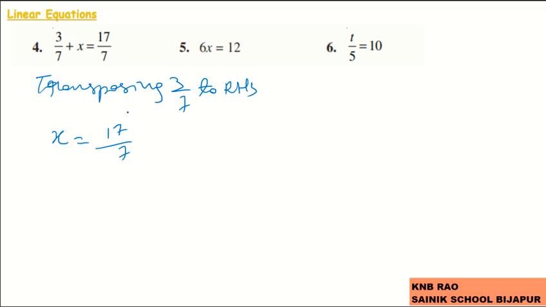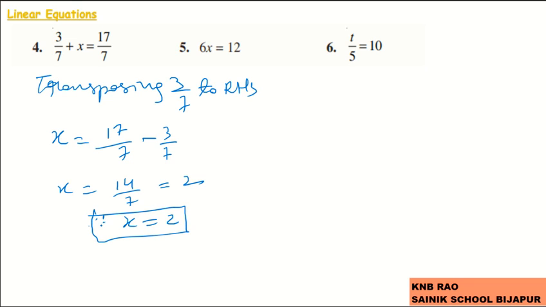Here this 3 by 7 is addend. If it comes this side, it becomes subtrahend. So x equals to 17 by 7 minus 3 by 7 is 14 by 7, and that implies 2. So therefore x equals to 2 acts as the solution.